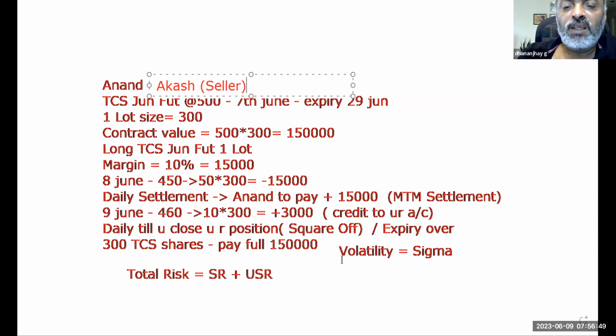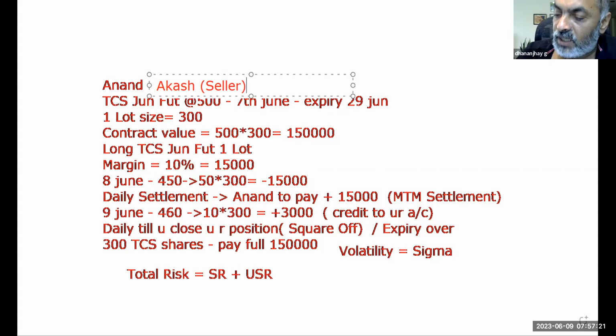Now, our Radheshyam has asked one question: volatility. Suppose Infosys is more volatile, or some other company like Adani is more volatile. Infosys I have taken, suppose TCS, I have taken 10%.